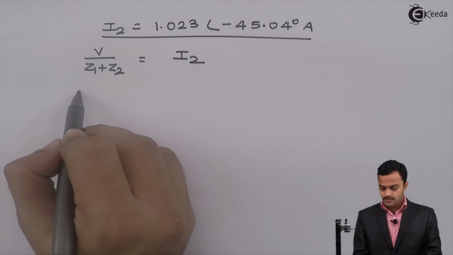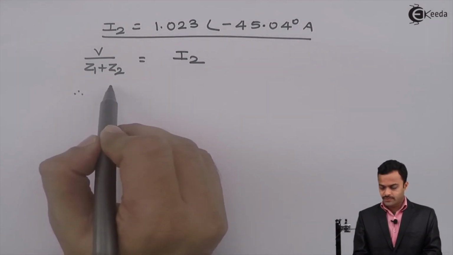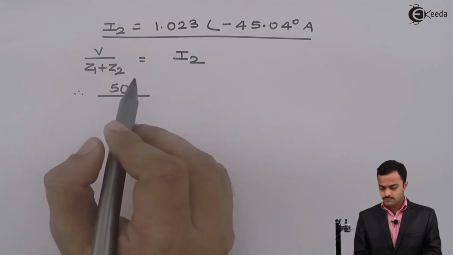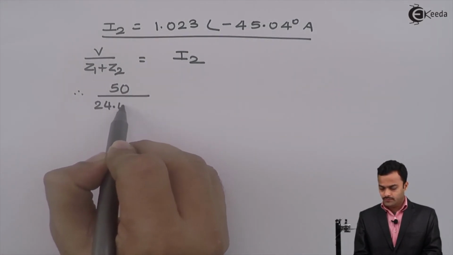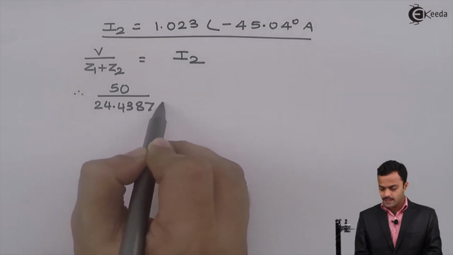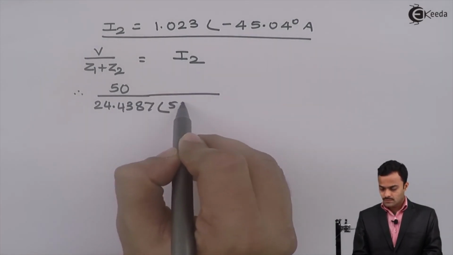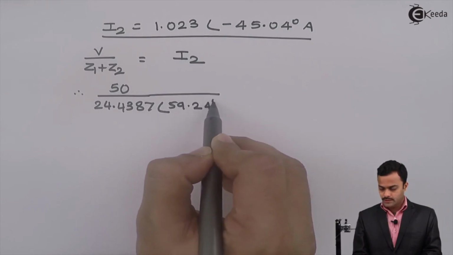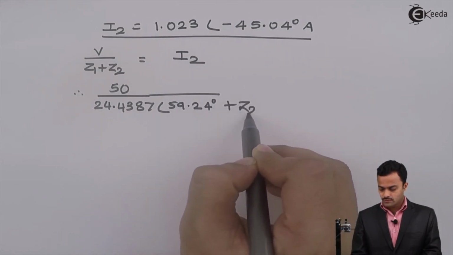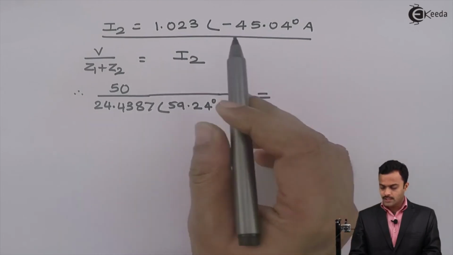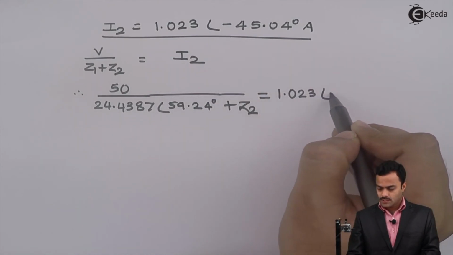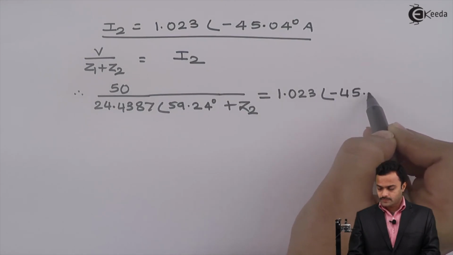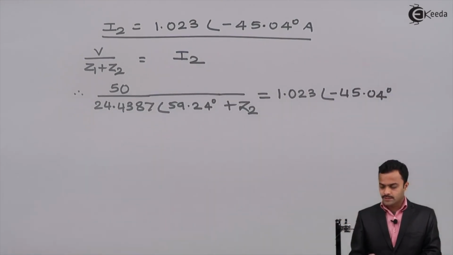So V is 50 volt, Z1 is 24.4387 at an angle 59.24 degree. Z2 is the unknown, equal to I2 that we obtained as 1.023 at an angle minus 45.04 degree.